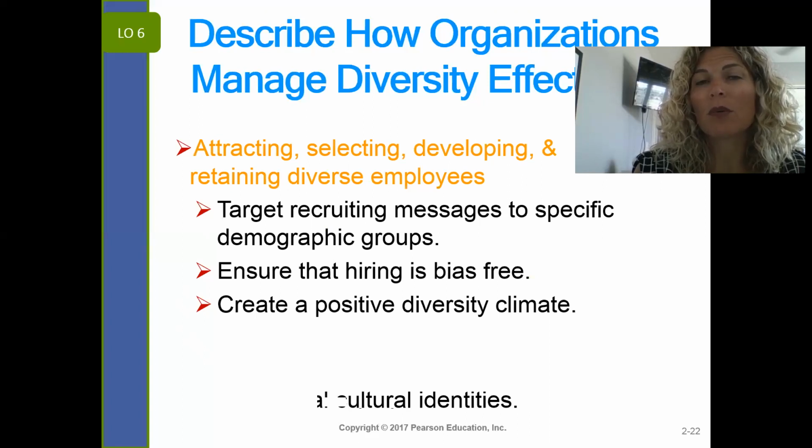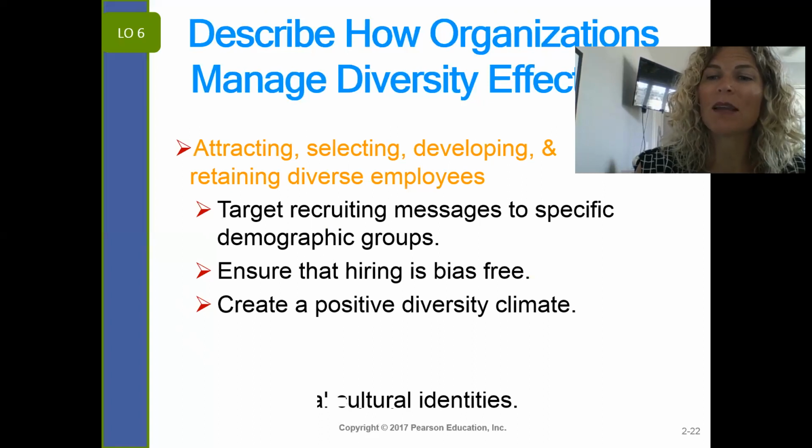So when we think about our recruiters who are going out to colleges and different career fairs, we want to make sure that those recruiters are well trained to represent the organization and to encourage all types of people to inquire about our organization and apply, and that they're not saying inappropriate things, implying things, or discriminating at those events, all right?